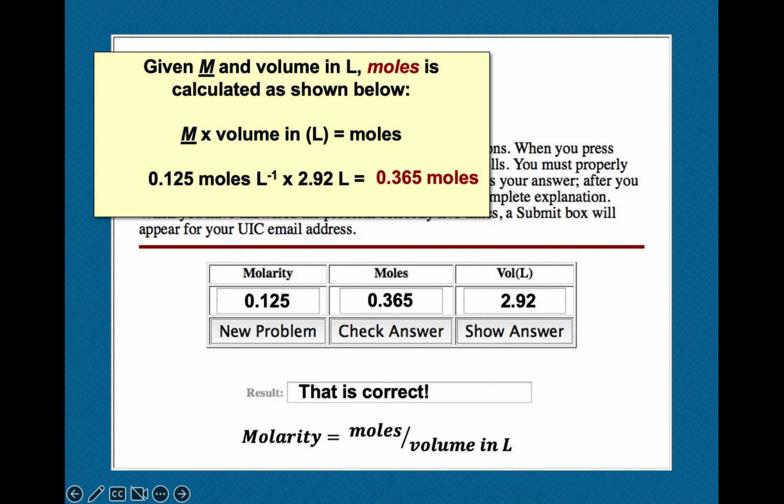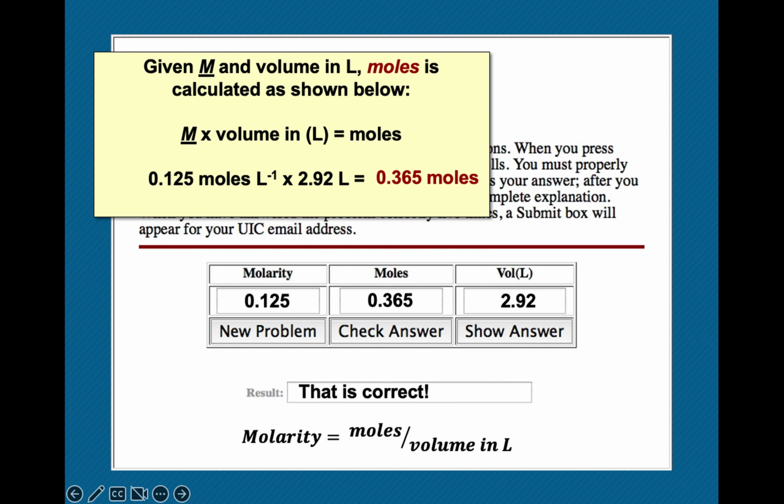Now what we've done here is actually going to turn out to be something useful and worth remembering. To get moles, we took our concentration and multiplied it by the volume. So just like you remember mass over molar mass is moles, here's another one.